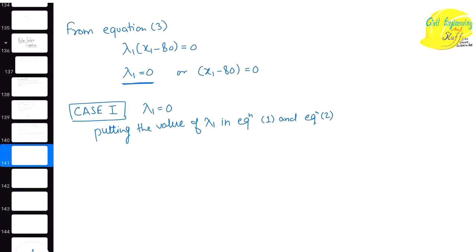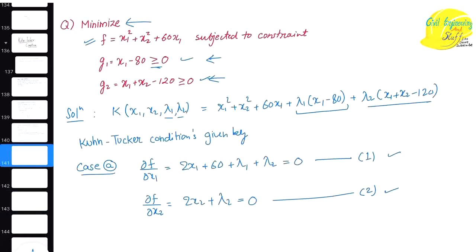So our equation 1 is 2x1 plus 60 plus lambda 1 plus lambda 2 equal to 0. Putting lambda 1 equal to 0 here, and since we do not have lambda 1 in equation number 2, we will get the value of lambda 2. So we can find the value of x1 and x2 in terms of lambda 2.